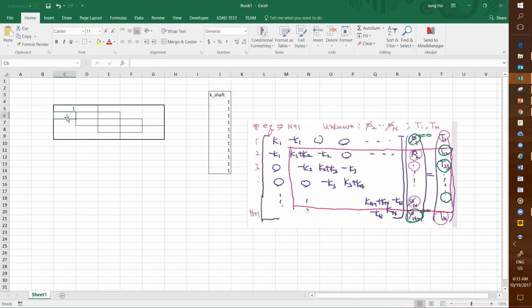So this one will refer to this one, and this one will be minus index K shaft, comma 1. And this one will be simply the same as this one. Oops, this one. Oh, sorry. It's a 1.